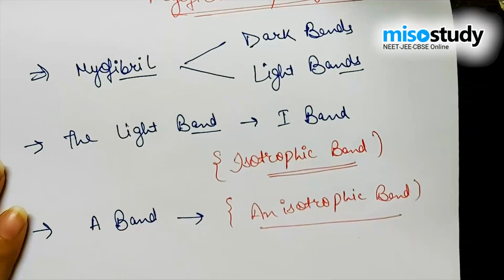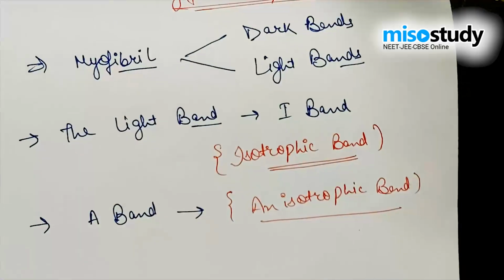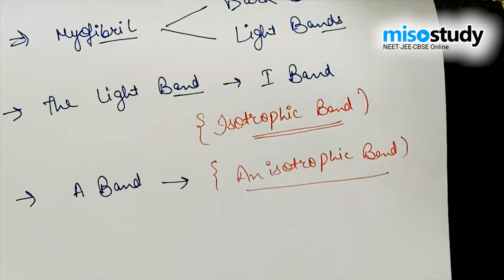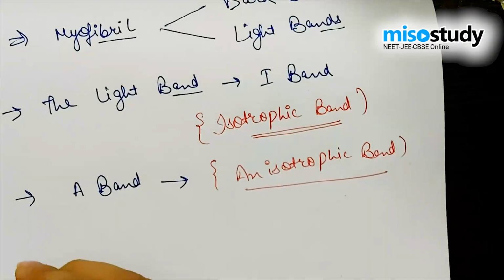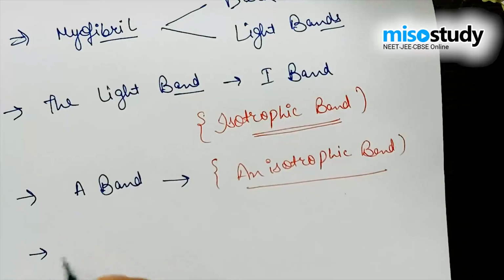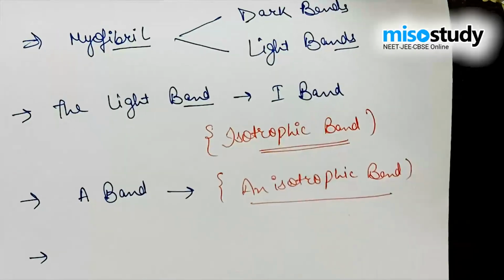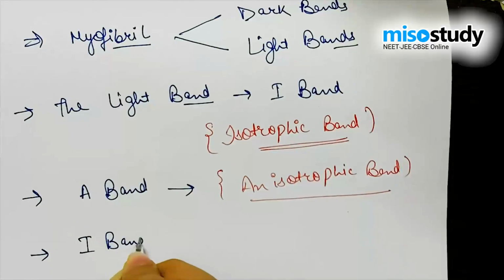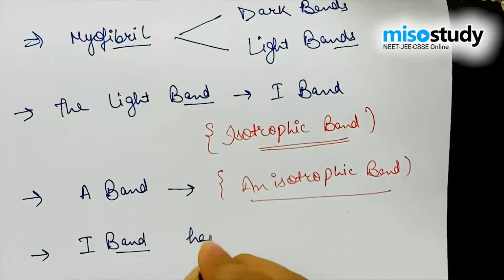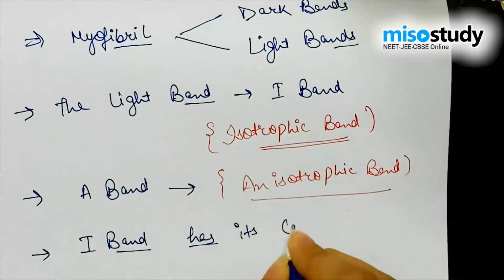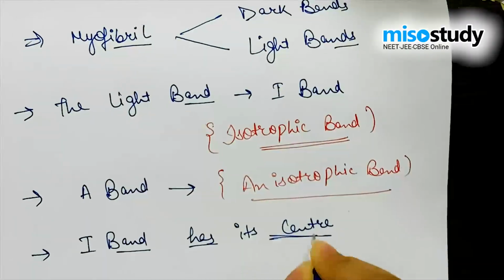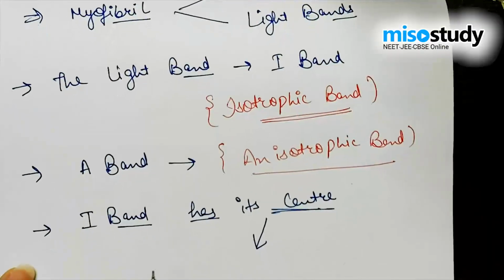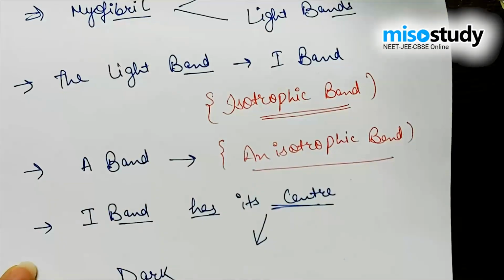Anisotropic band. So in the question there is an ask: the I band is dissected by which line? When we discuss the myofibril, both dark and light bands, we come to know that the I band has its center dissected by a dark membrane.